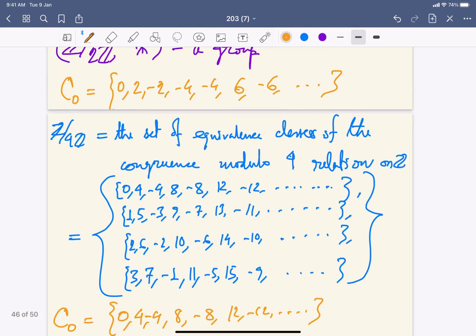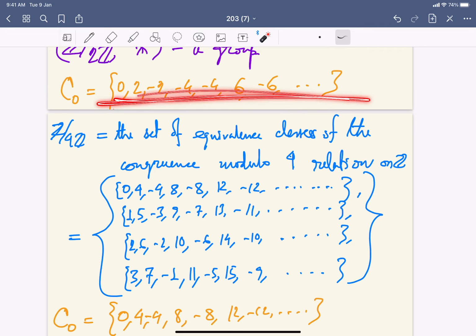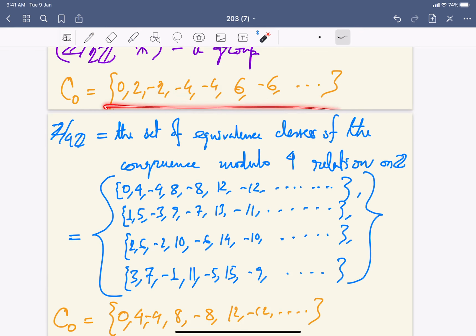So you see that C0 has changed. Earlier it was the set of all multiples of 2, that is, the set of all even numbers.